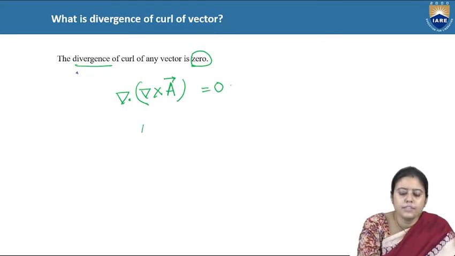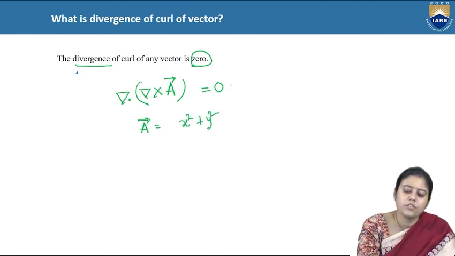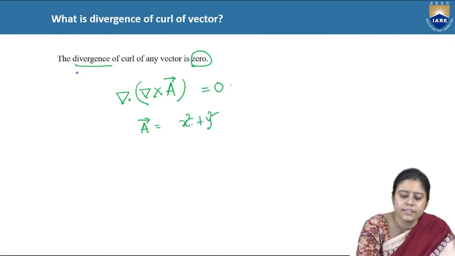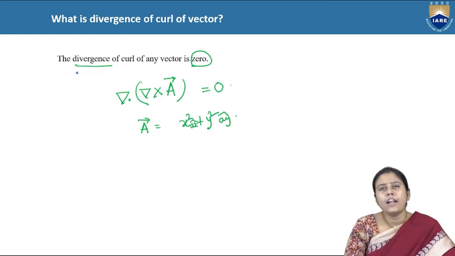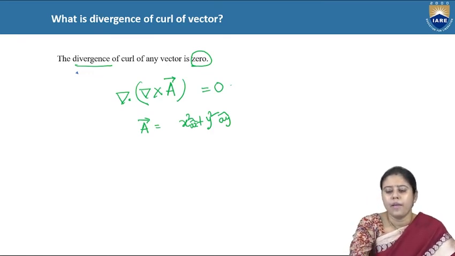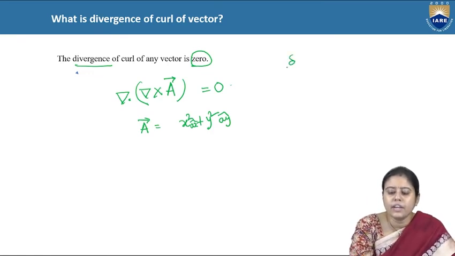We can prove this. Say A equals x square plus y square. We are just taking one simple example: x square ax plus y square ay. So what will be the value of grad cross A? What is the meaning of grad?